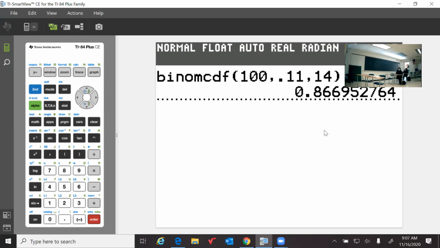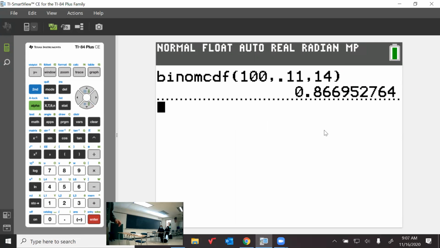That's our answer, which is a probability that less than 15 are left-handed. So the probability that 15 or more are left-handed would be one take away the answer.